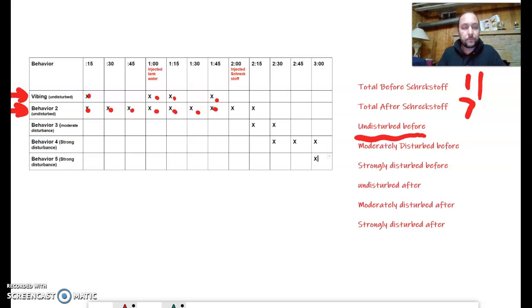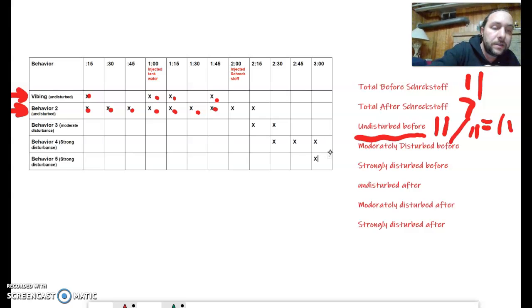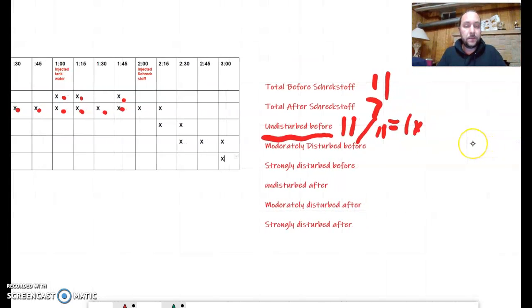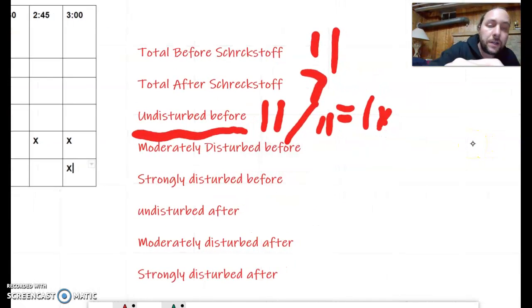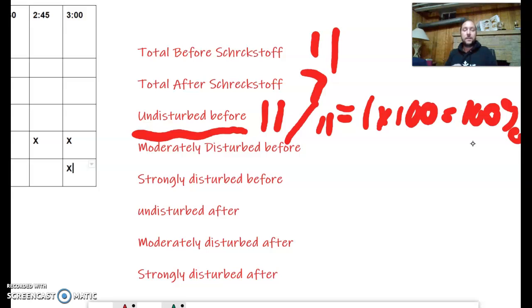Well, the way that works is I'm going to take 11 divided by 11 equals 1 times 100, which equals 100% of the time they were undisturbed before.